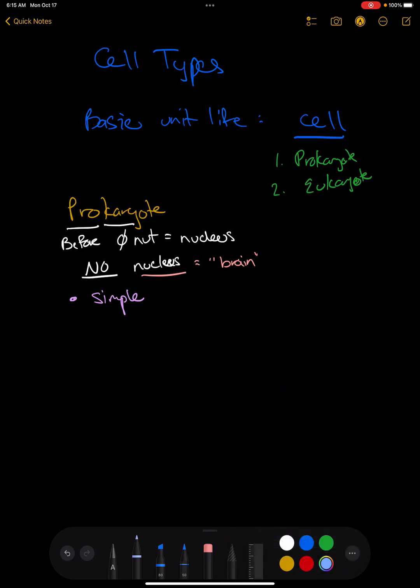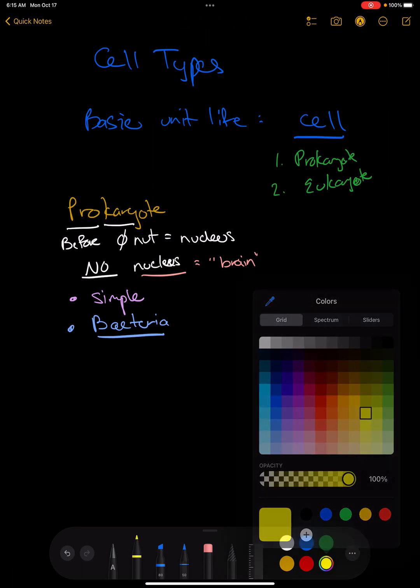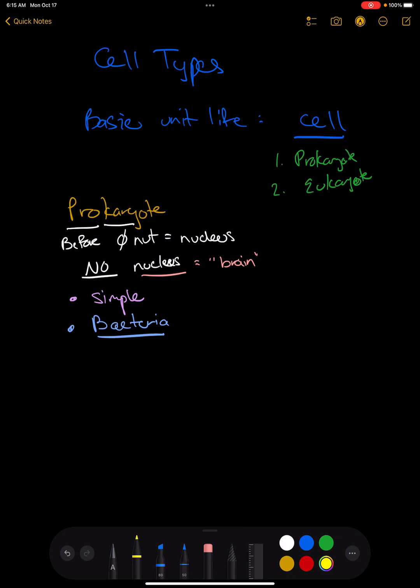Now, other things about prokaryotes: these are going to be my bacteria. Okay, so bacteria are prokaryotes. And you guys know that bacteria are all around us, right? If you look at your arm, can you see the bacteria on it? Or if you look at a surface around you, can you see the bacteria? No, you can't.